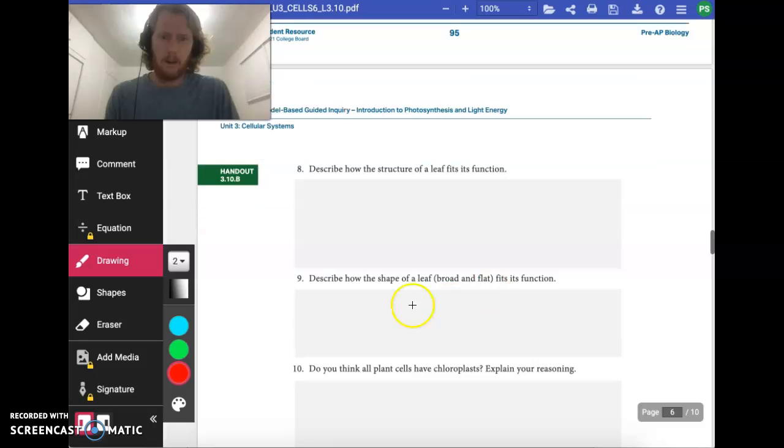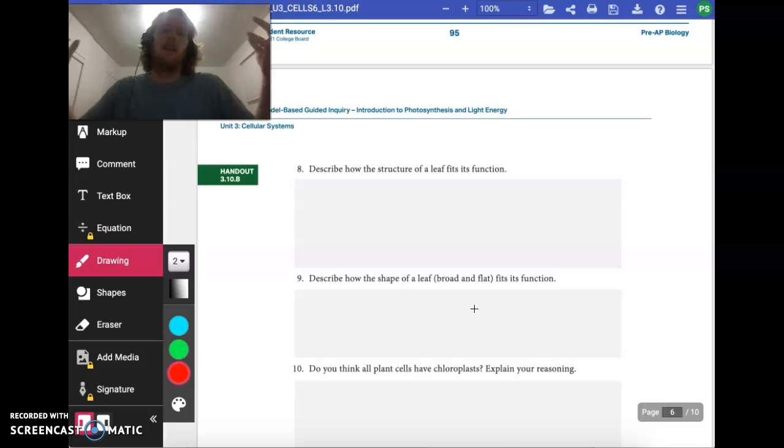Describe how the shape of its leaf, broad and flat, fits its function. You may have covered this in the previous one, like I just kind of talked about, right? The broader and flatter it is, the more photosynthesis it can do. And you'll notice plants that live mostly in shady areas or maybe under the canopies of trees oftentimes have broader, wider leaves because they need to do more photosynthesis to produce the same amount of glucose, right?